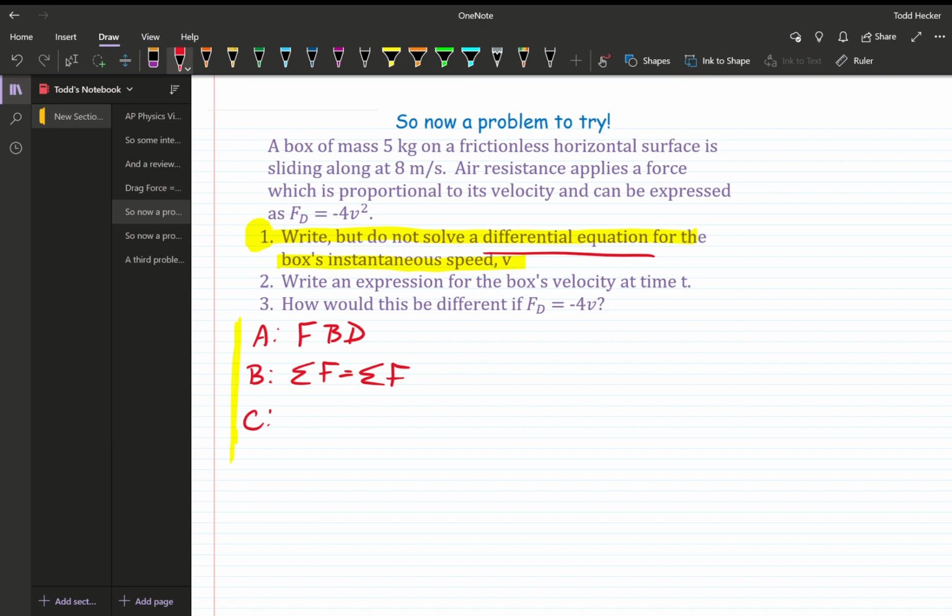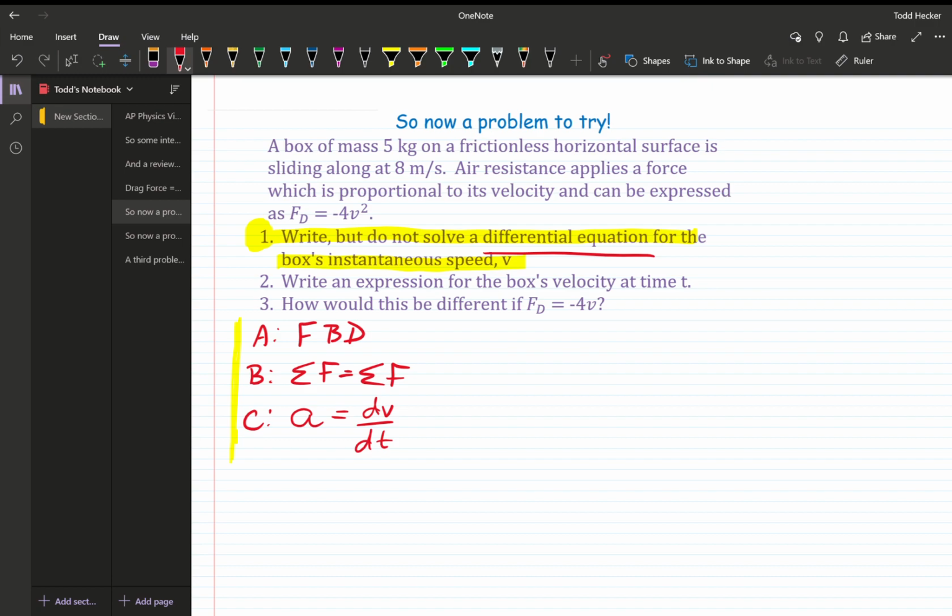So you're just going to do one additional substitution, and this is the thing that's new. We're going to replace acceleration. We're going to write it as the definition of acceleration, right? Because our acceleration is changing. So the instantaneous acceleration is the derivative of velocity with respect to time. Okay, so those are our three steps. Free body diagram, net force equals net force, and then substitute dv dt instead of acceleration.